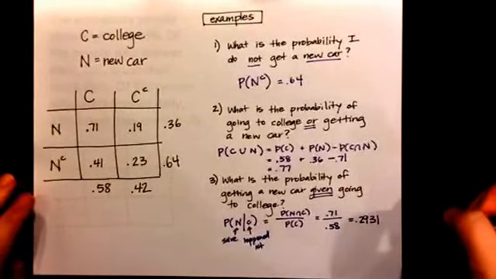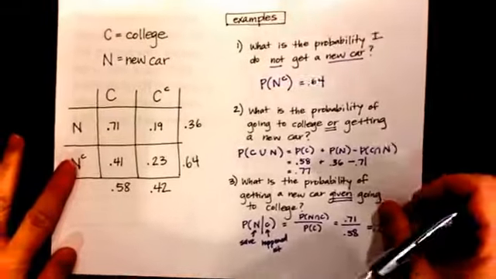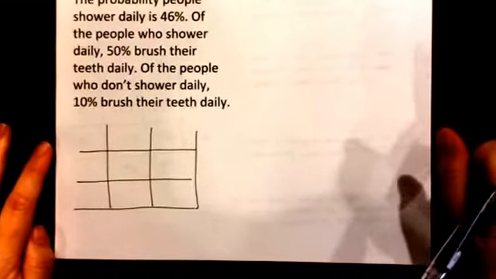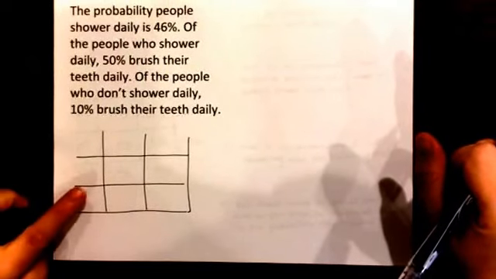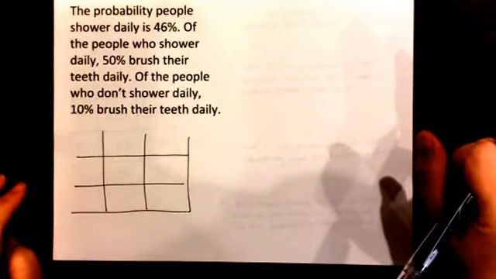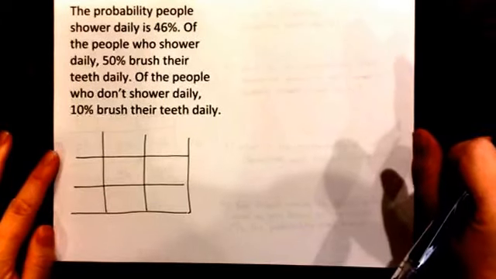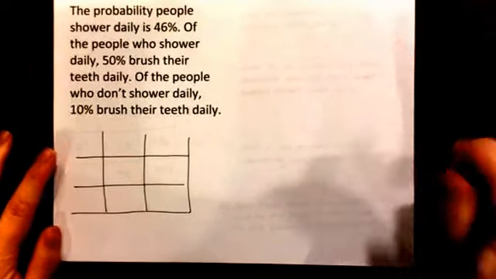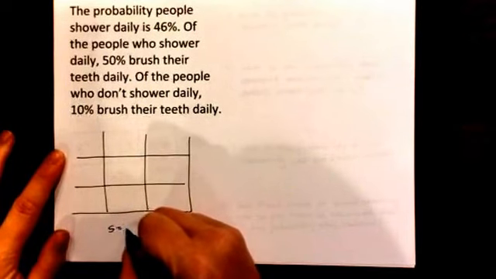Okay, so let's try a little bit more challenging example. Okay, here's another example with the table. Again, I would pause the video, try to fill out this chart here, and then go back and check your work. All right, so it says the probability people shower daily is 46%. So we know we're taking showers.